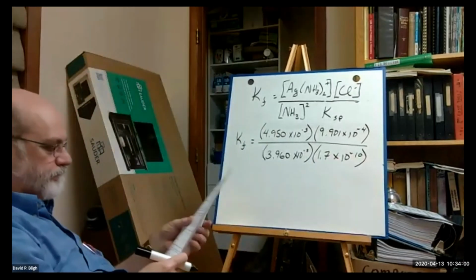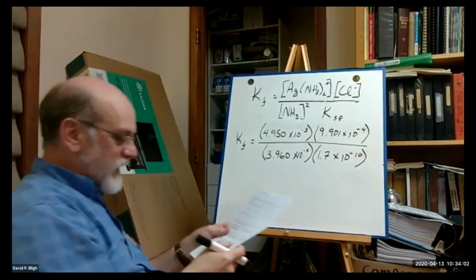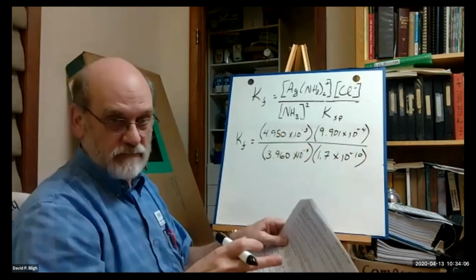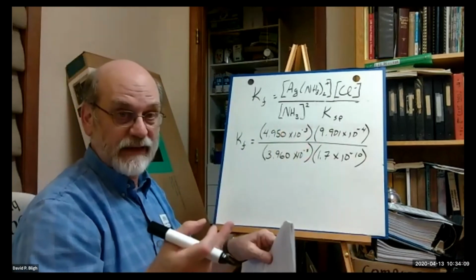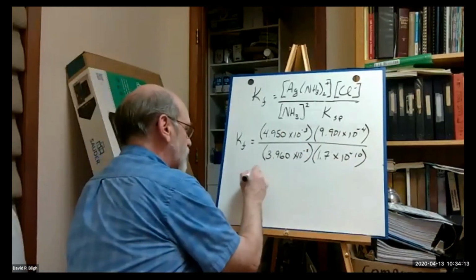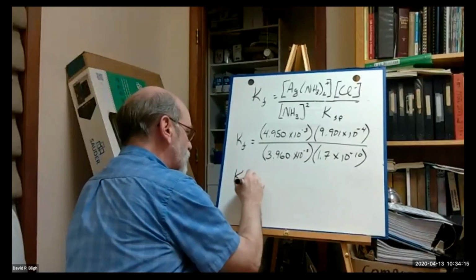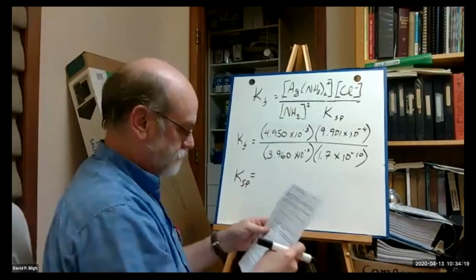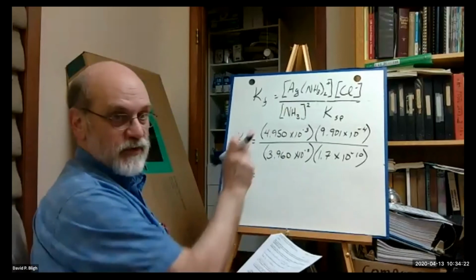Okay? So when we calculate this one, based on that hypothetical titration, where you only need 1 milliliter of 0.1 molar KCl, we get a value. I'm going to let you do that. Your calculator will do that for you. All you have to do is be sure you put the numbers in right.